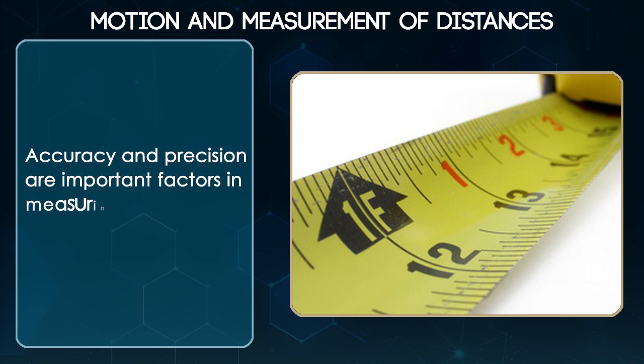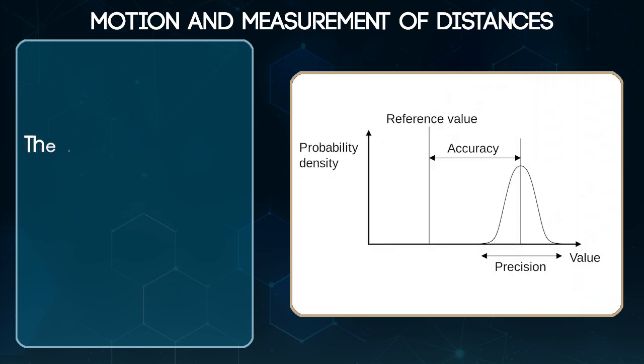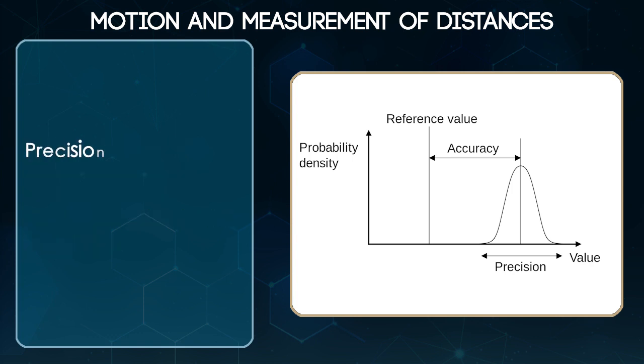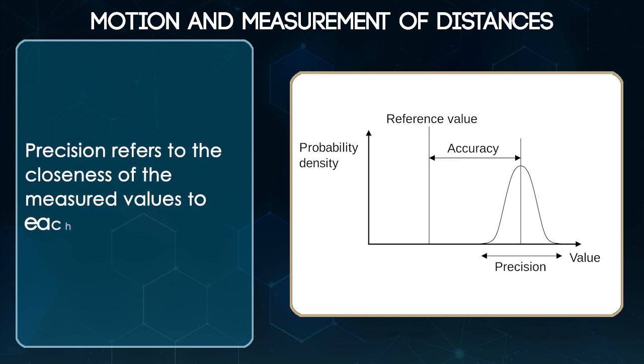Accuracy and precision are important factors in measuring length. The accuracy of a measurement is the closeness of the measured value to the true value. Precision refers to the closeness of the measured values to each other.